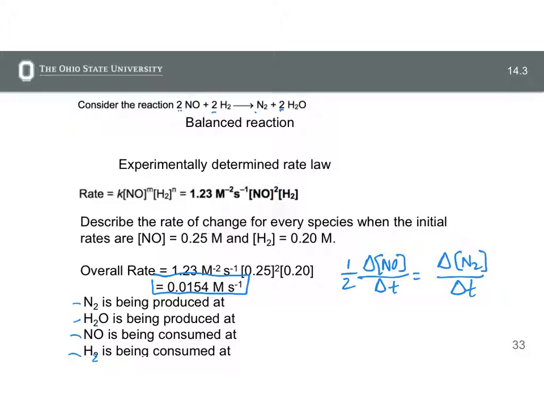So we have 1/2 times the change in concentration of NO over the change in time equals the change in concentration of N2 divided by the change in time. And so we know our overall rate, 0.0154, and so we can plug that in.